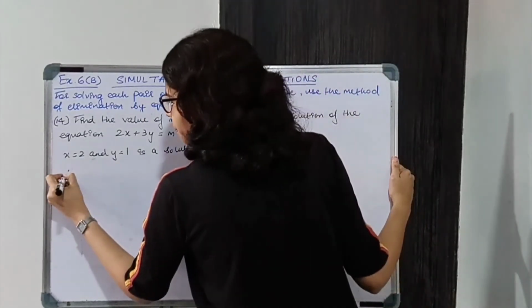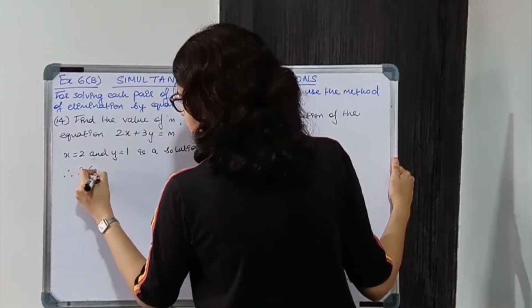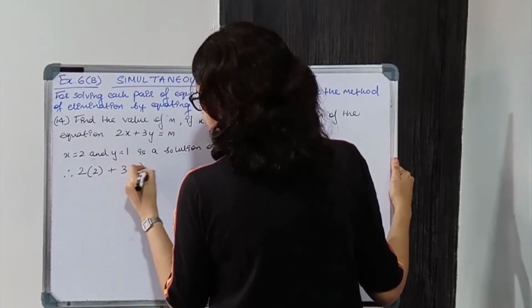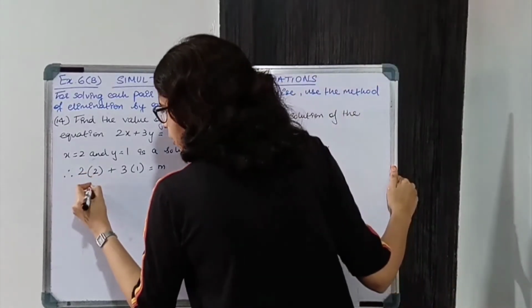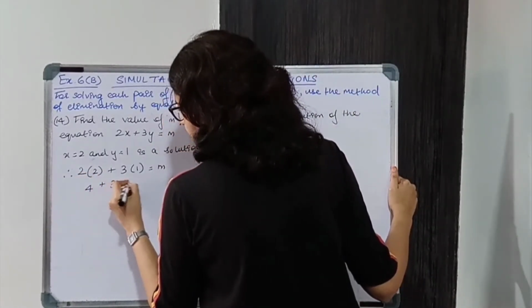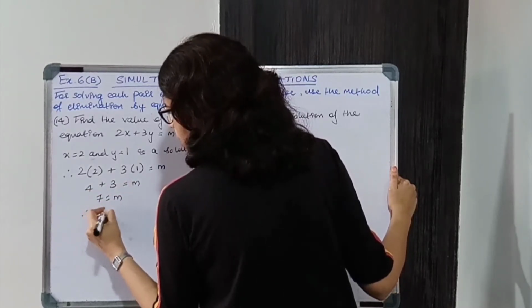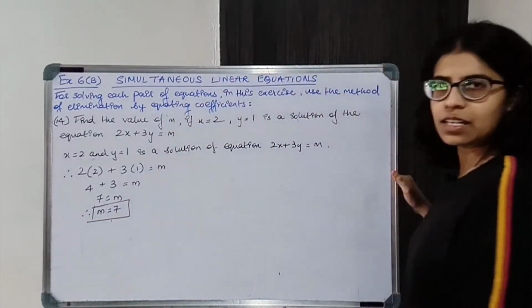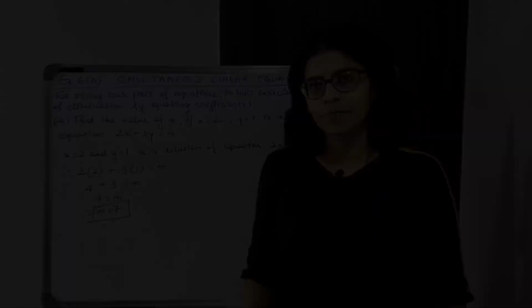So therefore 2 into x is 2 plus 3 into y is 1 is equal to m. Okay, 2 2s are 4, 3 1s are 3, so 7 is equal to m, that is m is equal to 7. So it was very easy, we just had to find the value of m, so box the answer.